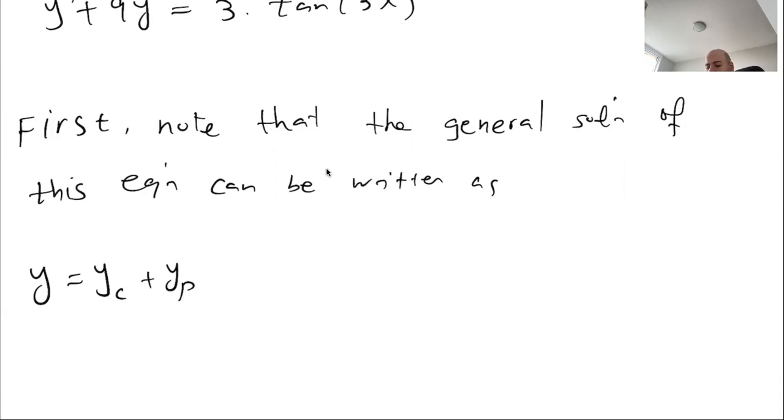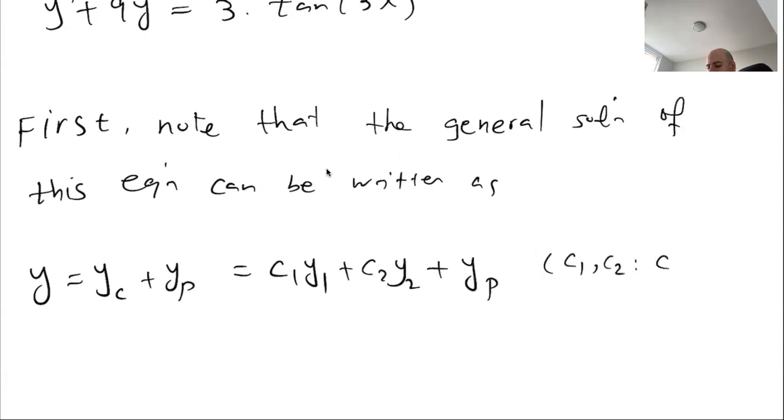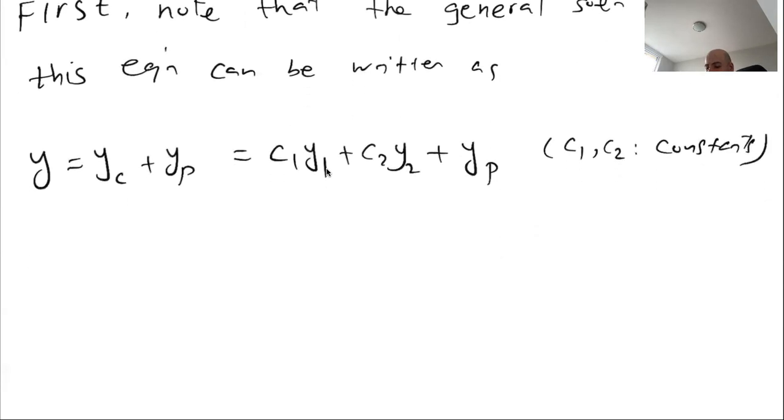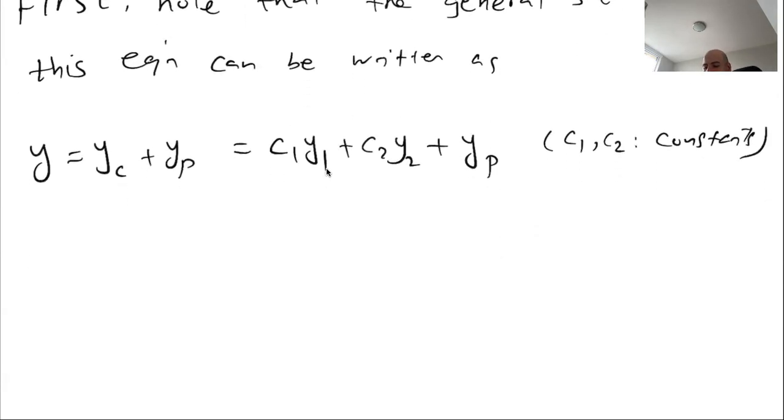The complementary part we can write as c1 y1 plus c2 y2, plus yp. And c1 and c2 are constants. And yp is a particular solution which can be found using undetermined coefficients or guessing, or using variation of parameters.